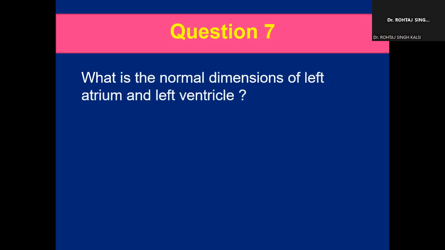No, it's done already. What are the normal dimensions of left atrium and left ventricle? Normal dimension values. Sir, left ventricle should be less than 32 mm per meter square body surface area. And left atrium?